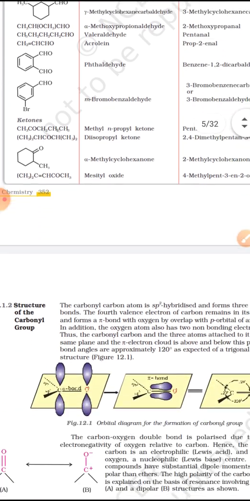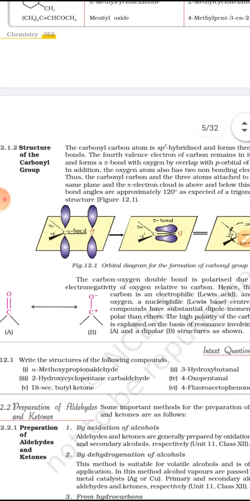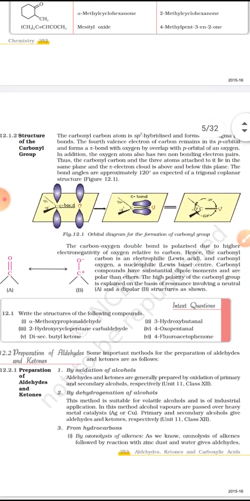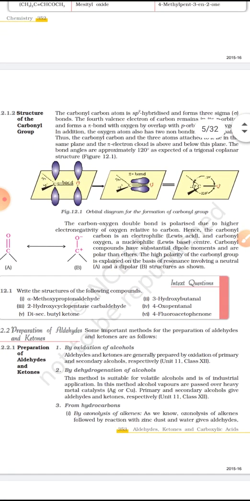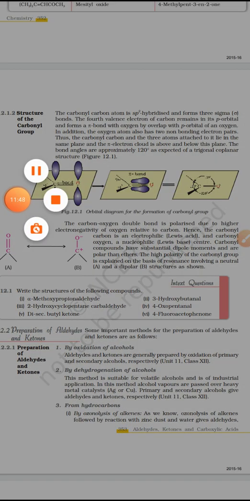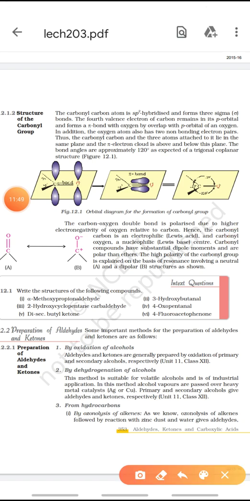I think we can now start with the structure of the carbonyl group. Now, children, as you all can see, the carbonyl group is distributed in 3-dimensional space in such a manner that the p orbitals of oxygen and carbon overlap with each other above and below the plane.